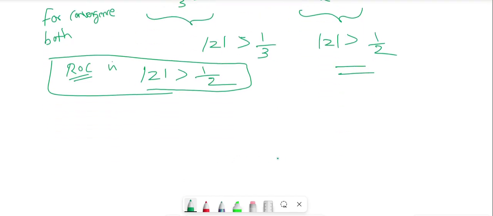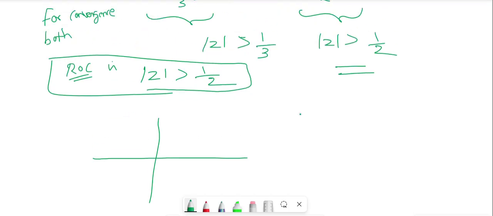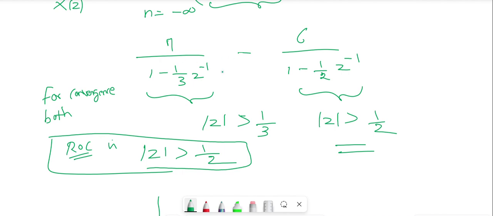If you draw the Z plane, you can simplify this equation also. If you take the common terms, the numerator by the denominator terms are 1 minus 1 by 3 Z inverse into 1 minus 1 by 2 Z inverse.